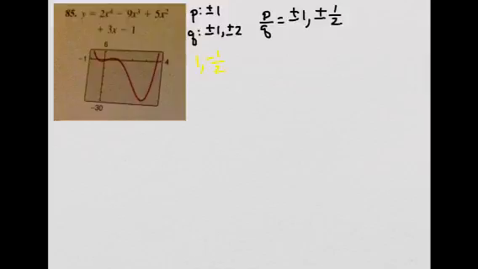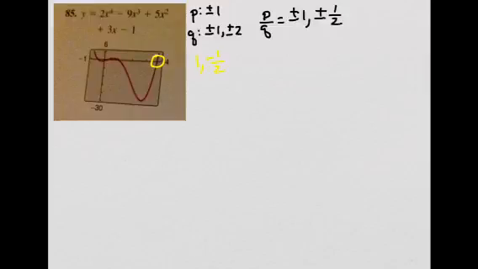I'm going to try those two first and see what I get. Notice how this is like 3, almost 4, and nothing in our list even comes close to that. That's because that's an irrational zero, and you can get irrational zeros, and that's fine.